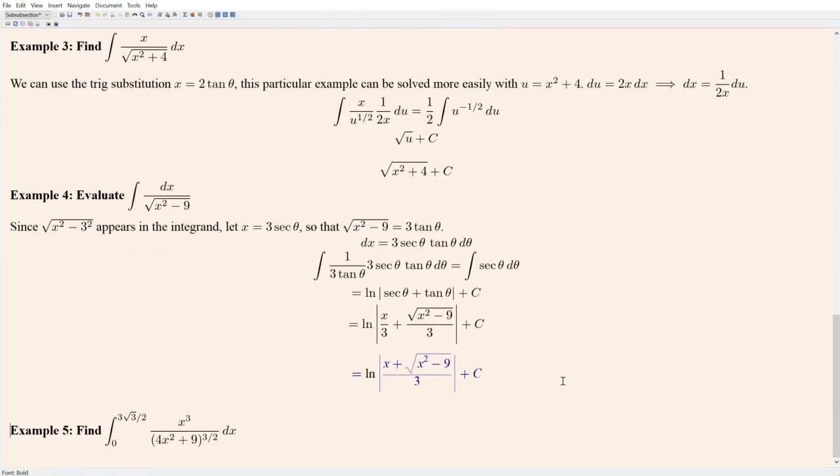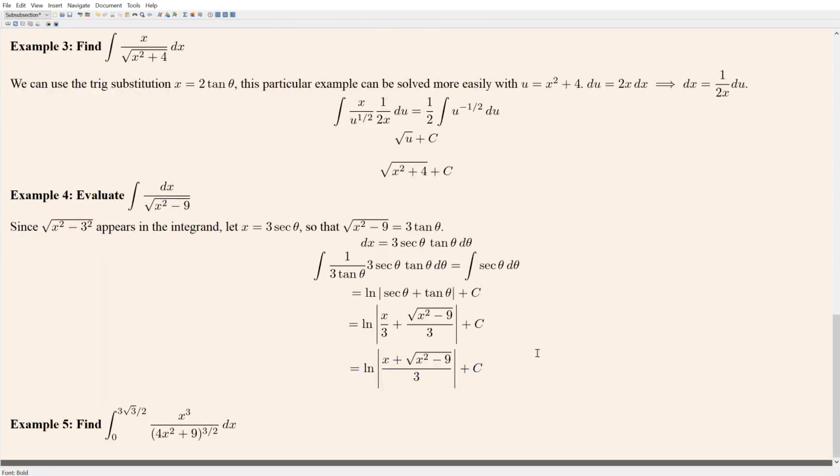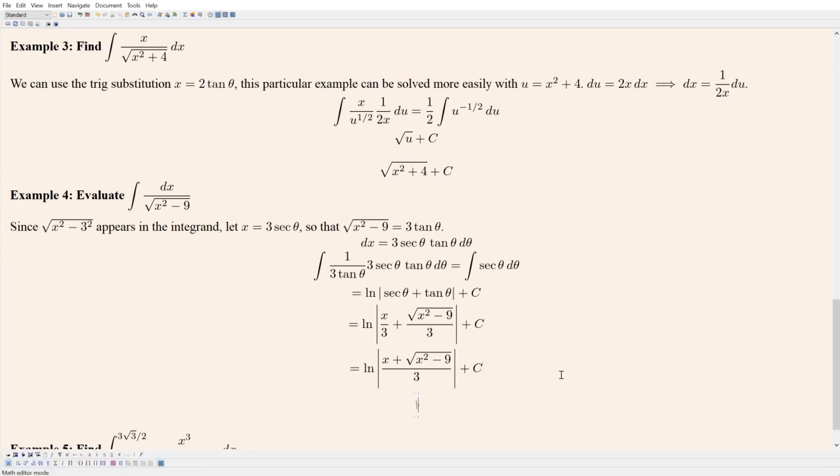Like so. Now, because of the laws of logarithms, if you have a division inside of a logarithm, that becomes a subtraction outside the logarithm, right? So this is the same as log of the numerator minus log of the denominator, so minus log 3.